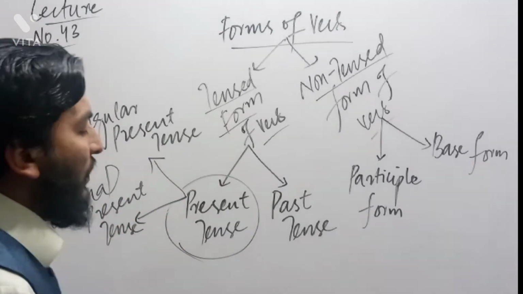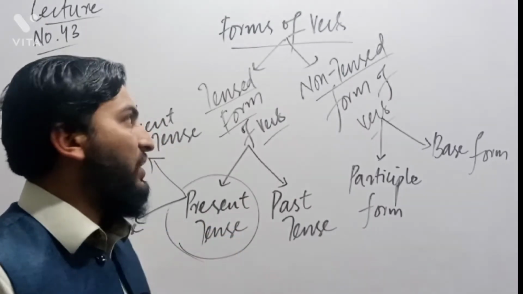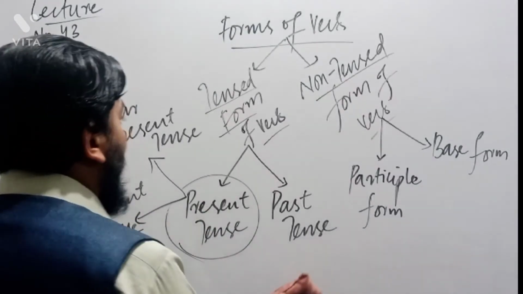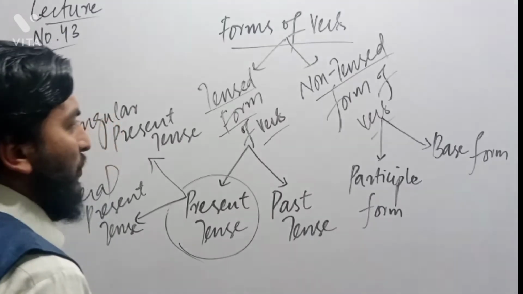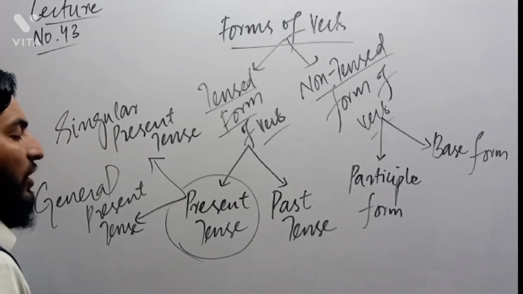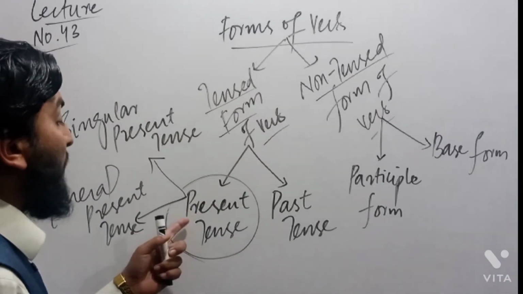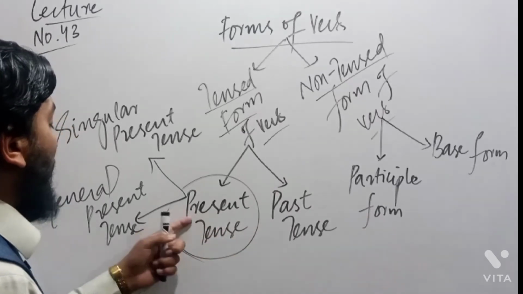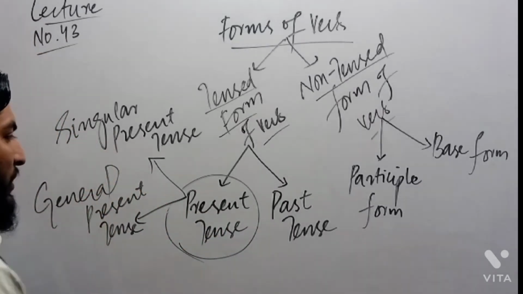In this video, I will try my best to explain present tense and past tense to you people. Forms of verbs are divided into two types, tensed form and non-tensed form. Tensed form is further divided into two subparts, present tense and past tense. And present tense into two more, which are called singular present tense and general present tense.